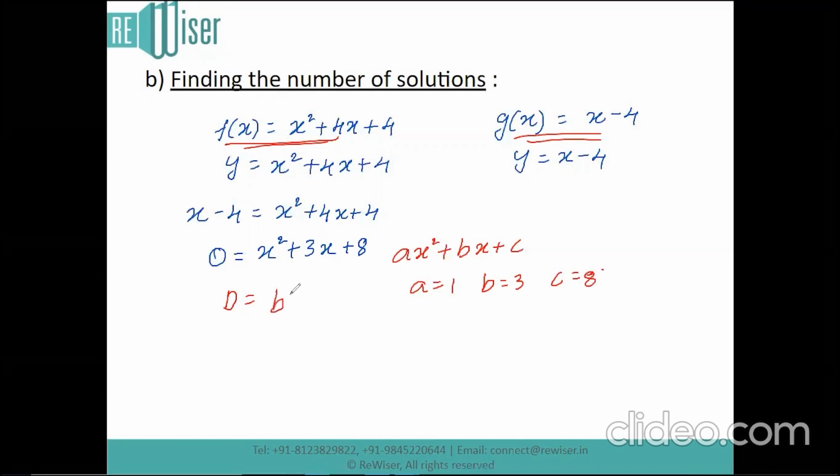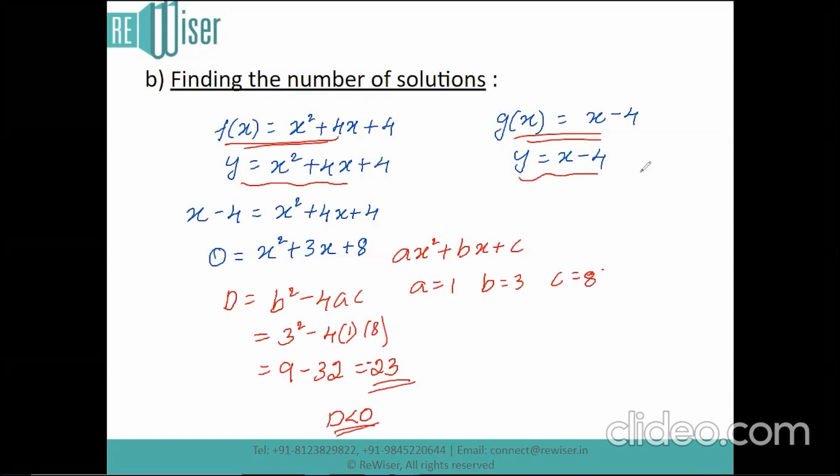The discriminant is b square minus 4ac, which is 3 square minus 4 times 1 times 8. That is 9 minus 32, which is negative 23. Since the discriminant is less than 0, if I plot these two graphs on the xy plane, they will never intersect.